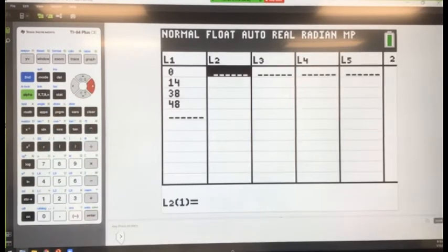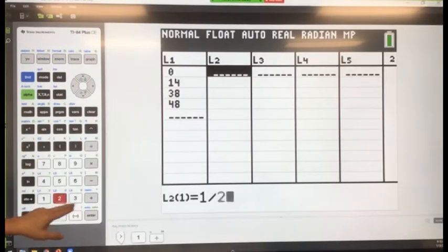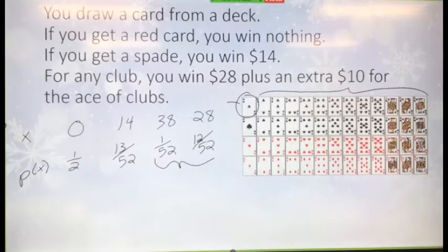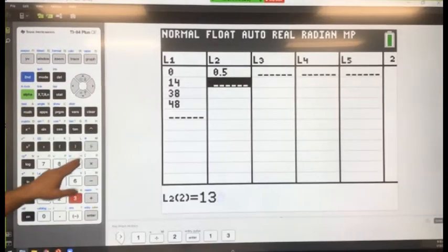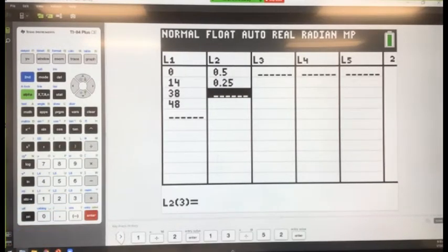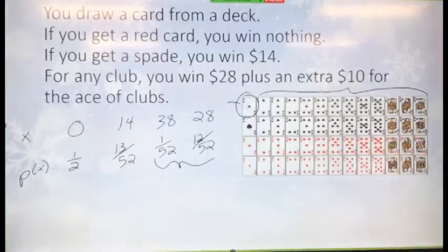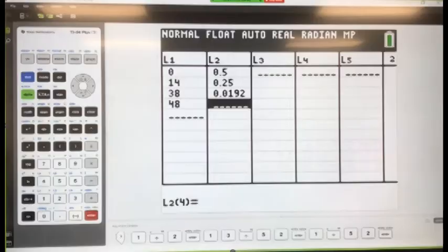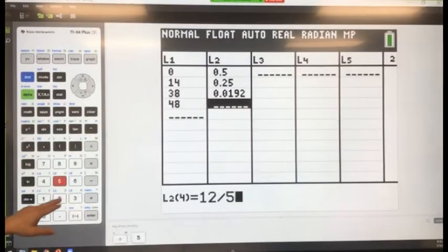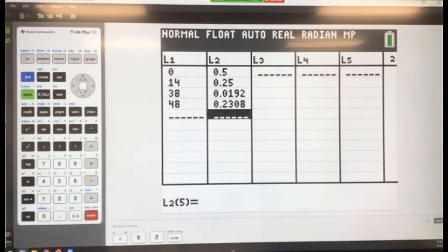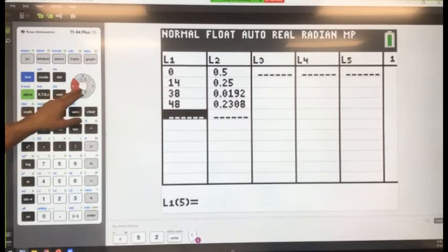My L2 is going to be my probability. So probability of 0 is 1/2. Probability of 14 is 13 over 52. Probability of $38 is 1 over 52. And the probability of 28 is 12 over 52.